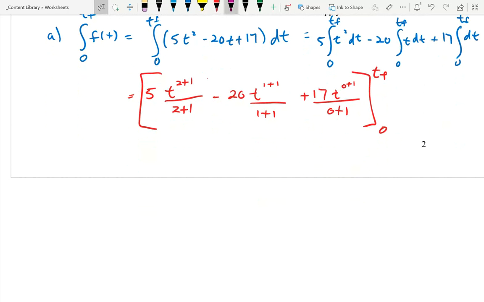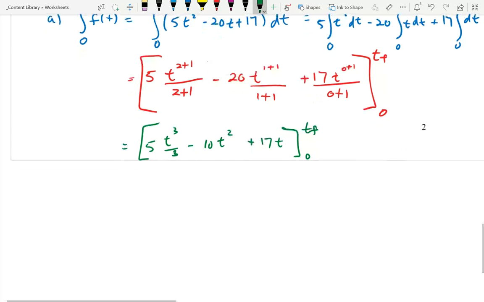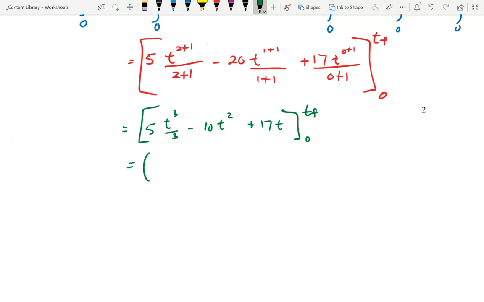So, of course, this is equal to 5t cubed over 3 minus 10t squared plus 17t, from 0 to t final. So I just simplified. 20 divided by 1 plus 1 is 10. It's the only simplification that is of any reward. And then I put in the upper limit first. So 5t final cubed over 3 minus... That's not 5 over 3? Oh, it's the same thing. Okay.